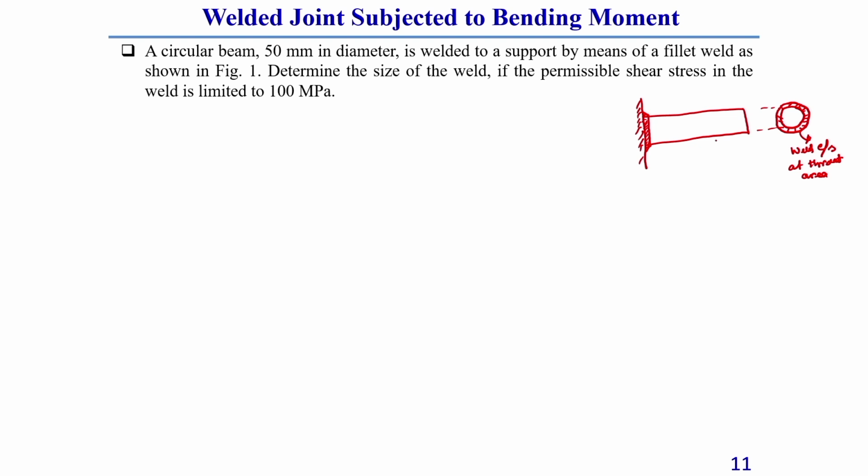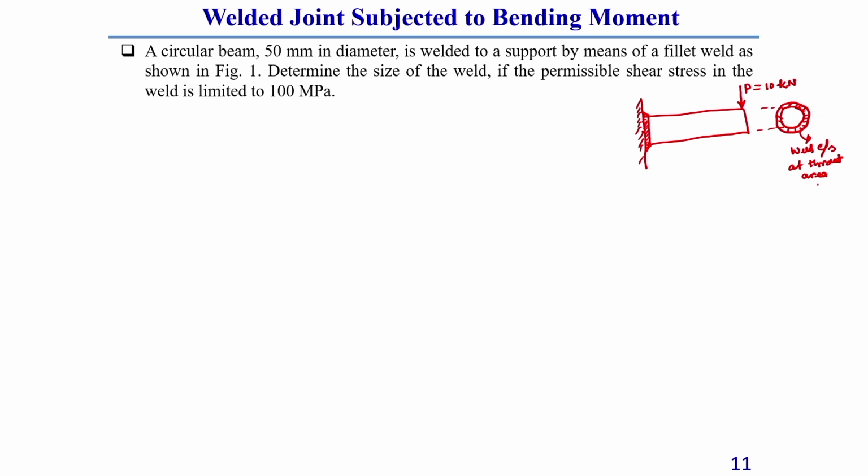A welded structure I am showing here, which is, let us say, a cantilever type of beam subjected to a load P. This P is given as 10 kilonewton, and it is subjected to a fillet weld.